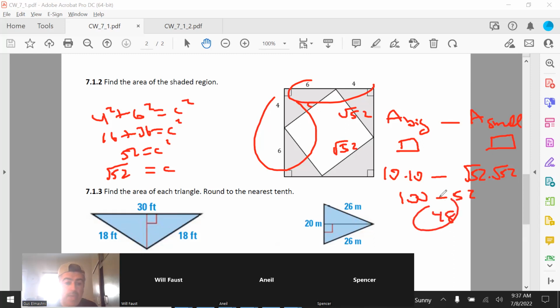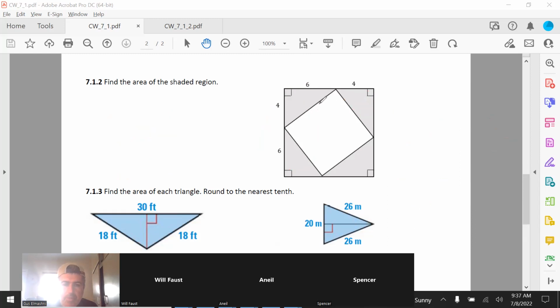So you could approach it that way, where you take the area of the big object minus the area of the little object. So the little object obviously is the middle, which is not shaded. Subtract from the area of the big, you get that. Or you could have done this, completely blow this up. You could just do 1/2 times 4 times 6, 1/2 times 24, which is 12, but then you got to multiply that by 4.